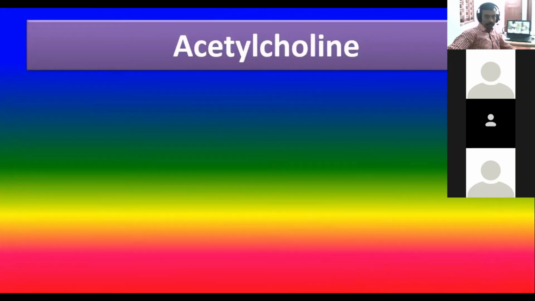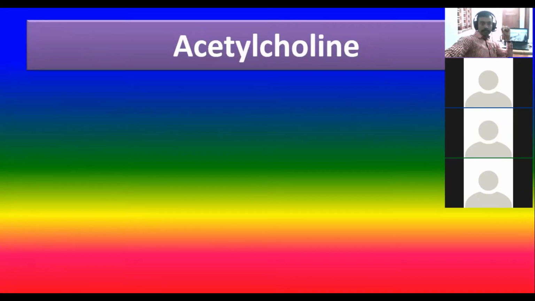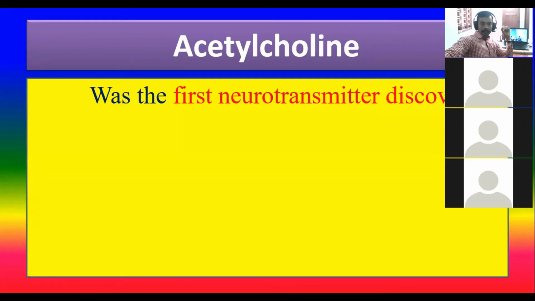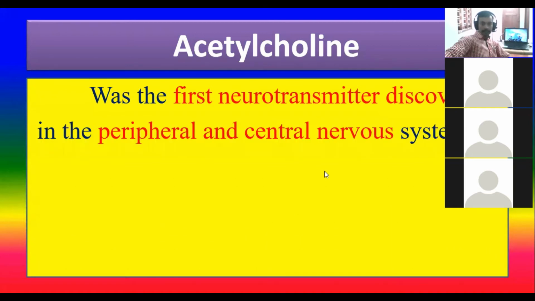Then acetylcholine. The major actions: the superiority of this neurotransmitter is that this chemical messenger was the first one discovered in the peripheral and central nervous system.